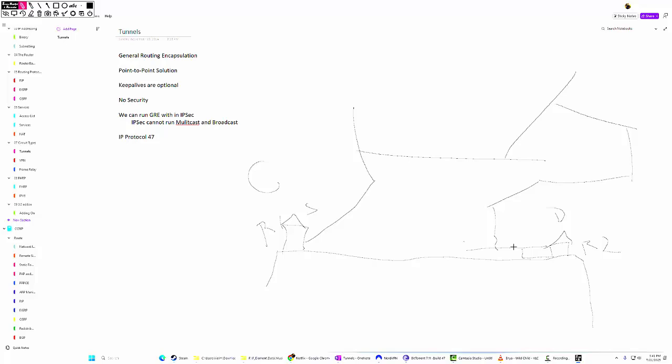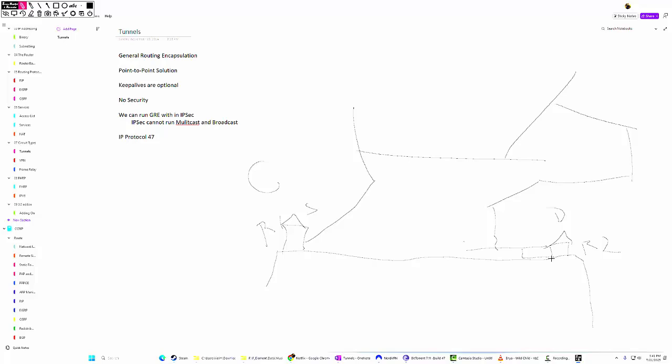We also got to understand when we ping from this one to this one, let me rephrase that, it's not PC, it's router to router.